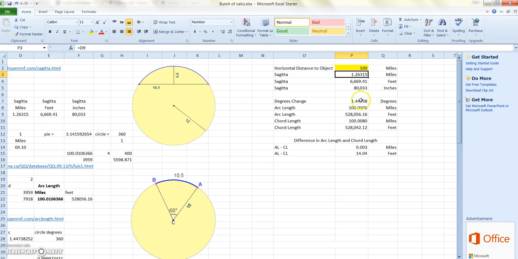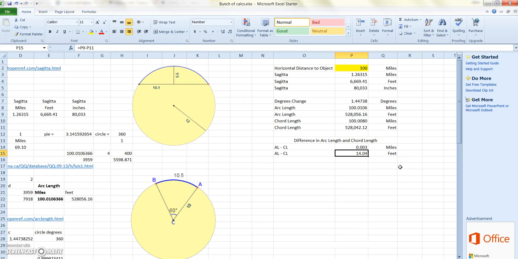But anyway, my degree change right here is 1.44 degrees, because every degree, 69.1 miles, is 1 degree of change in the Earth's circumference. So now my arc length is 100.016 miles. My chord length is 100. So the difference is 0.003 miles or 14 feet.